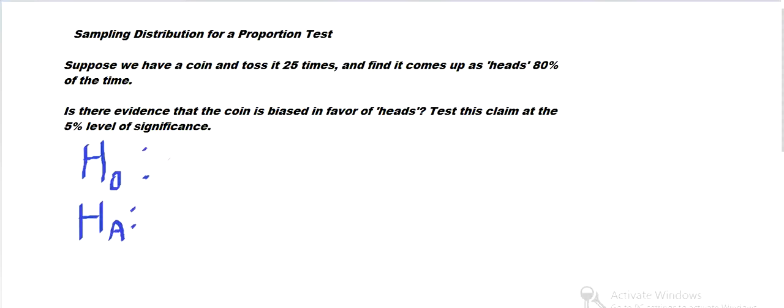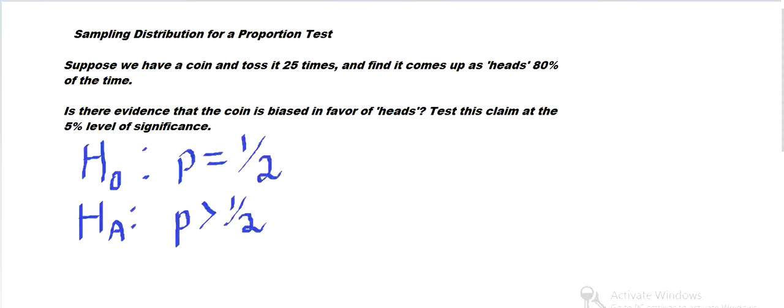So we can say that the probability of heads, if it's a fair coin, is 1/2. But we're trying to test whether it's actually biased in favor of landing on heads. So that would be the probability is greater than 1/2, where p is the probability of landing on heads.